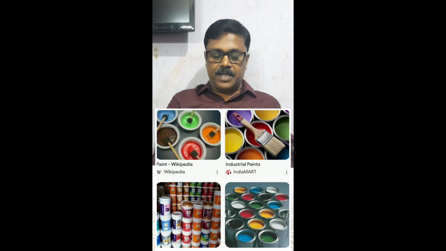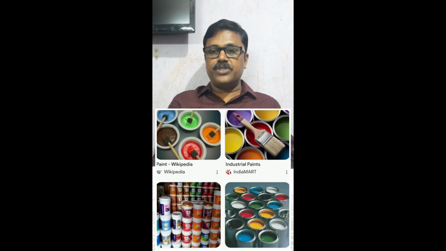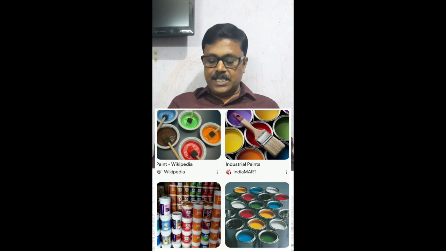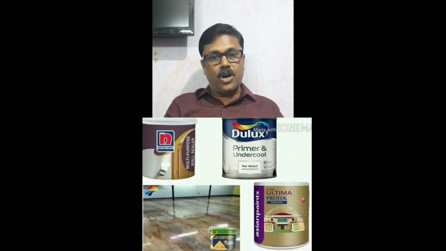Oil based enamel. Oil based enamel is based on natural oil, that is linseed oil. Linseed oil is used as the drying oil, and turpentine oil is used as a solvent, and this type of paint is more durable, and a gloss finish, that is a smooth finish, is given by these paints. It is low cost and has a longer shelf life.